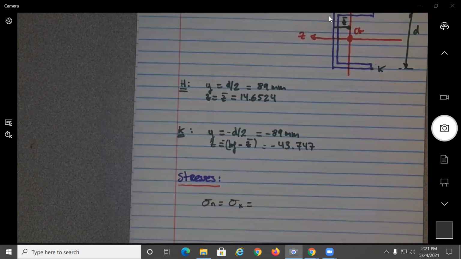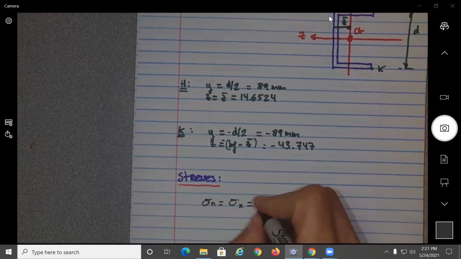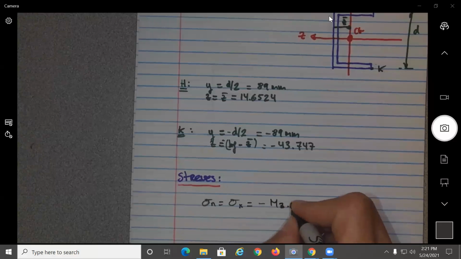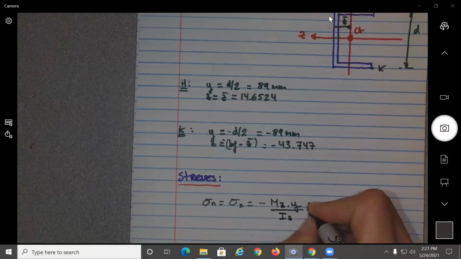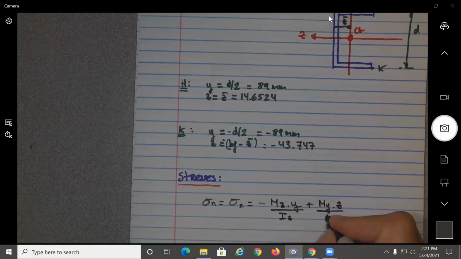I'm just going to copy the same expression from before. I'm going to copy the one with the sign, but we don't care about the signs. Minus Mz times y divided by Iz plus My times z divided by I sub y.